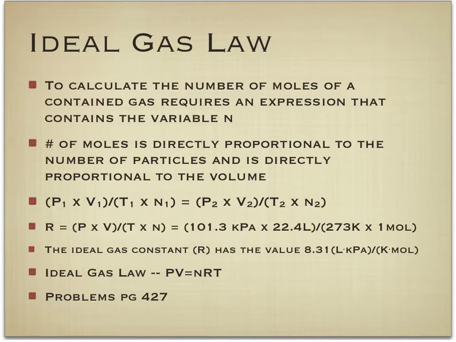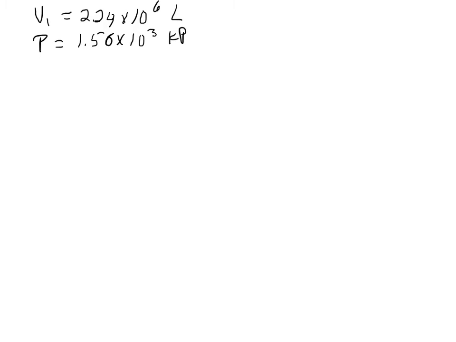Take a look at page 427, and let's work through a problem on that page. It says a deep underground cavern contains 2.24 times 10 to the 6th liters, so that's volume, of methane gas at a pressure of 1.5 times 10 to the 3rd kPa, and a temperature of 315 Kelvin.